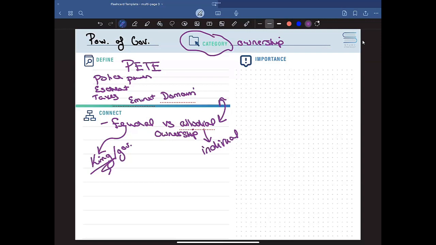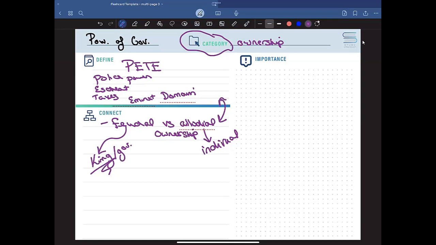In feudal ownership, the king owns everything. Even if you were a duke, the king still owned it. That's the land they're allowing you to use. Eventually England went over to allodial ownership, where the king doesn't own everything. Individuals can own land. Allodial is that individual ownership.